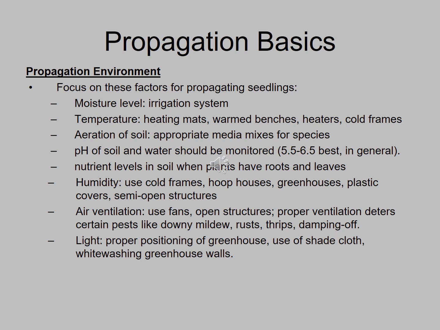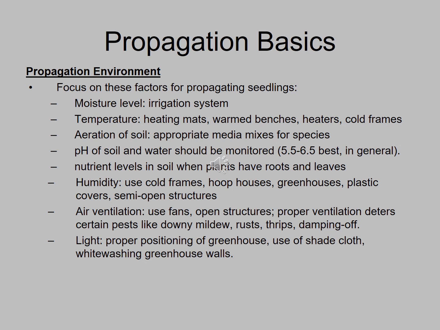Humidity should be fairly high inside enclosed areas like greenhouses or hoop houses or cold frames, but it needs to be humid air, but moving humid air. You don't want still humid air just sitting on the plant. That will cause rotting and pest outbreaks. But humid air and ventilation, fans, maybe an open structure, things that keep that air moving around will deter pest growth.